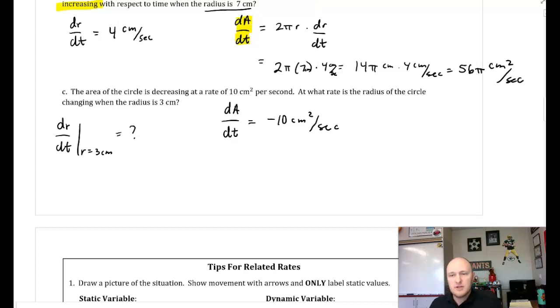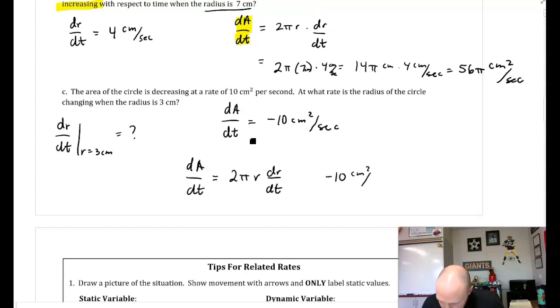Okay, so again, I'm going to use the equation that they gave us. So dA/dt is equal to 2 pi r dr/dt, right? So I'm using that formula of area and radius, how they are related. Okay, and I'm going to just plug this information in now. So we had negative 10 centimeters squared per second is equal to 2 pi times the radius.